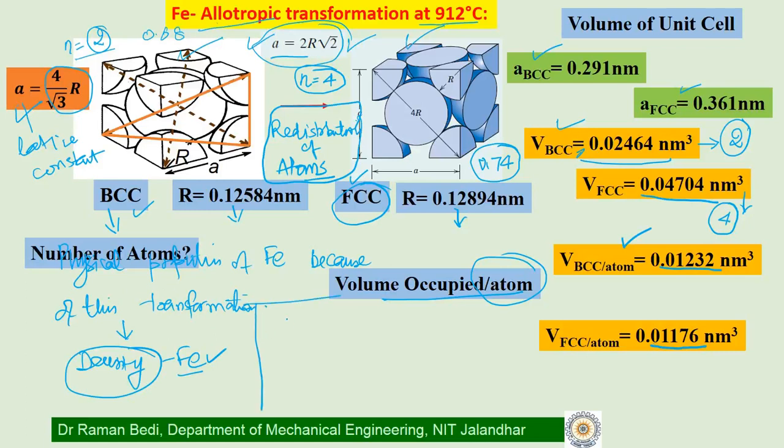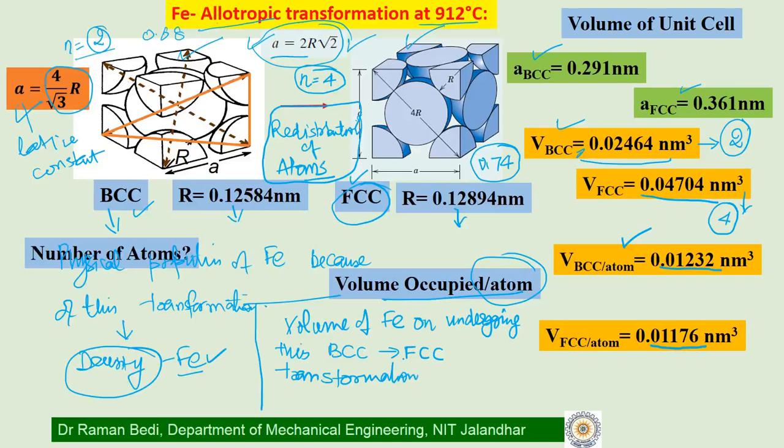What will happen to the volume of iron on undergoing this BCC to FCC transformation?